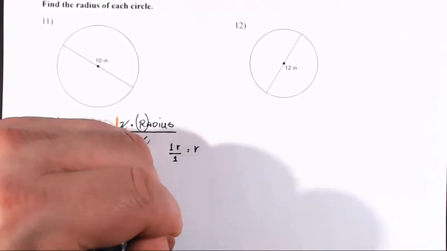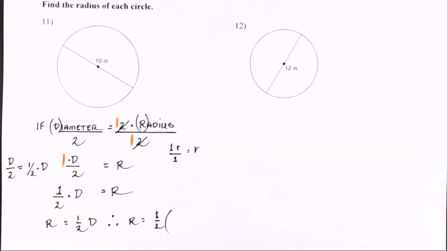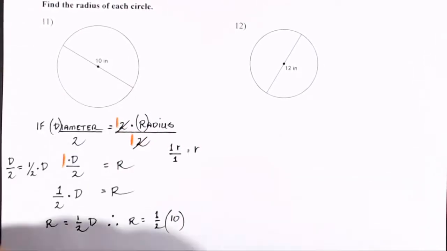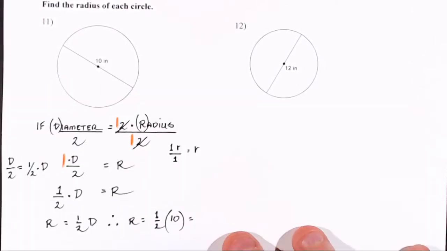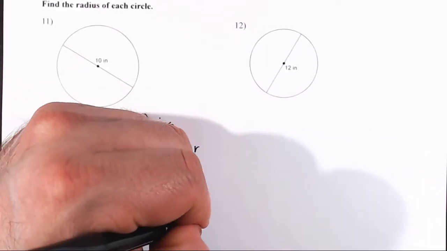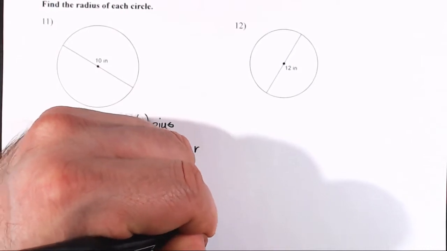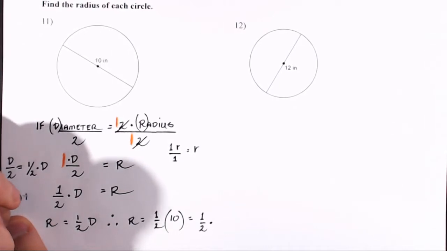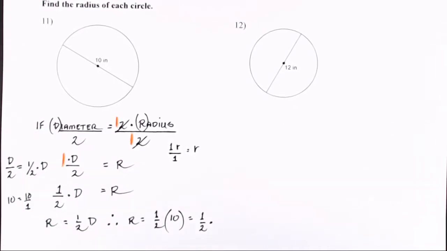1/2, put open parentheses because you're going to stick a number in for the diameter, 1/2 times 10. Okay, and 1/2 times 10 is equal to, remember, we can write 10 as 10 over 1.